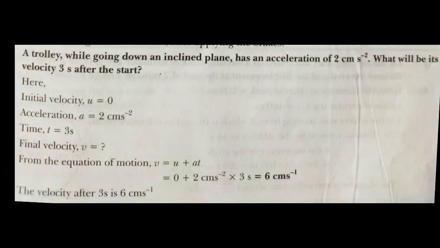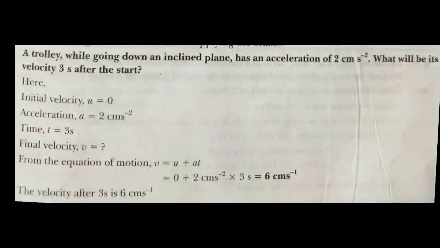So u equal to 0, acceleration is 2 centimeter per second square, and time is 3 seconds. Now final velocity we have to find. First of all we are checking the units. As acceleration is given in centimeter per second square and time is in second, and we have to use these two quantities only, we can keep acceleration as it is, in centimeter per second square.